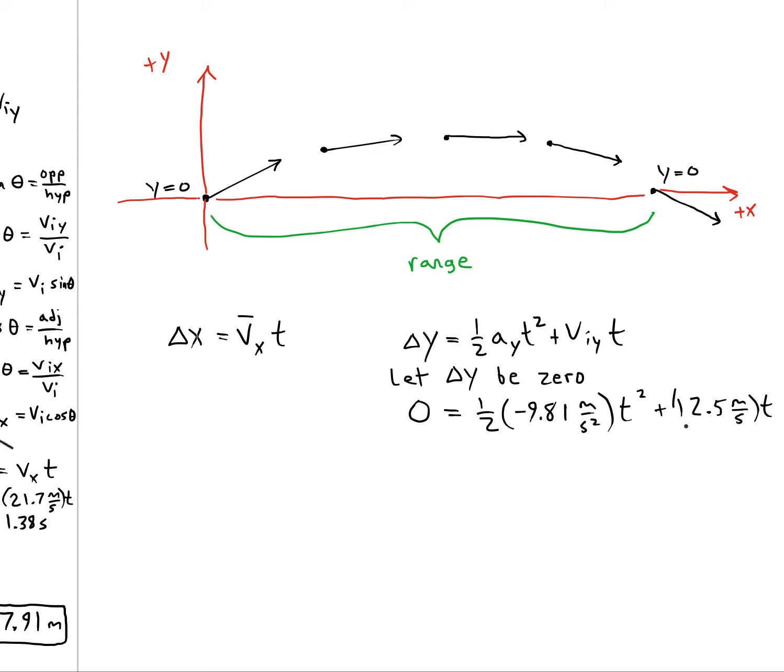Alright, so this would allow us to solve for the time that it takes to come back to the original height. It's something you could sometimes solve with the quadratic formula if you have to. In this case, you don't really even have to do that. We could just factor out.